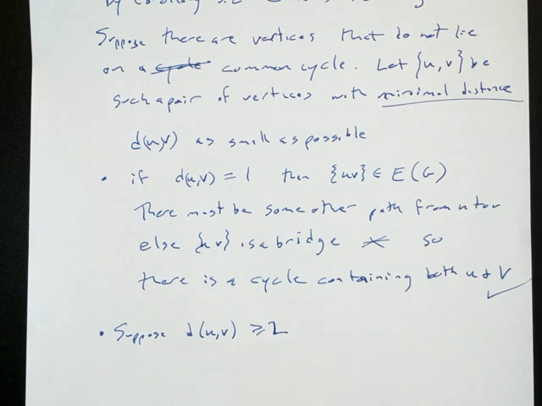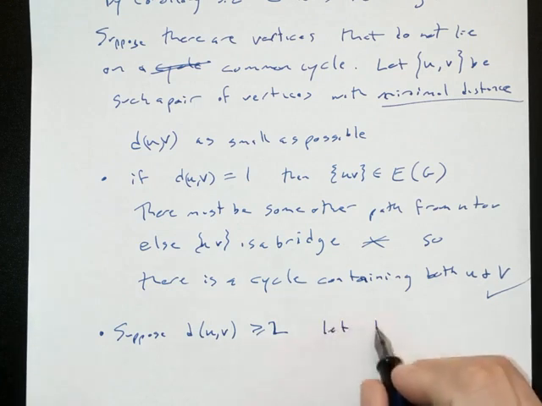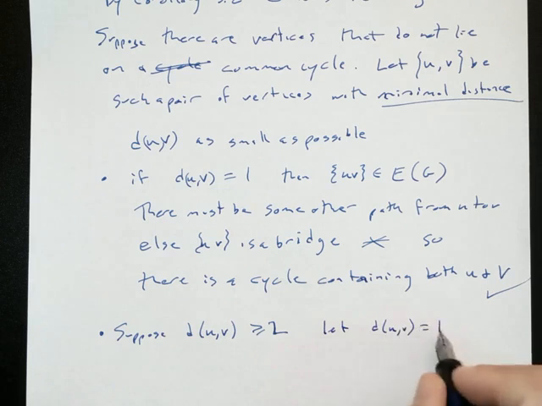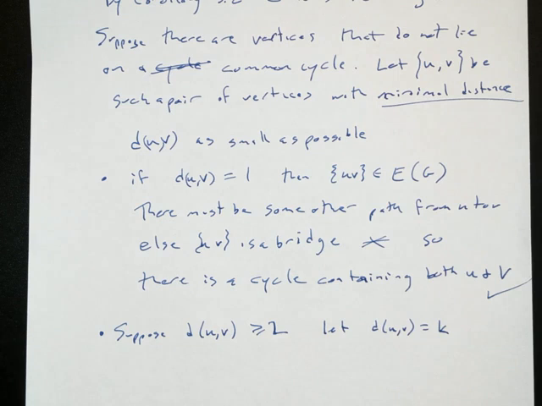Again, I need a name for this distance. K. That means there's a path of length K from U to V.